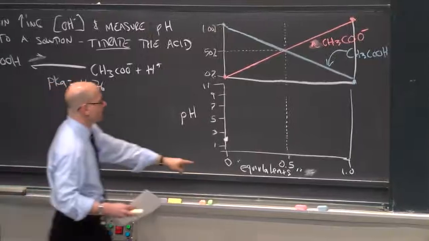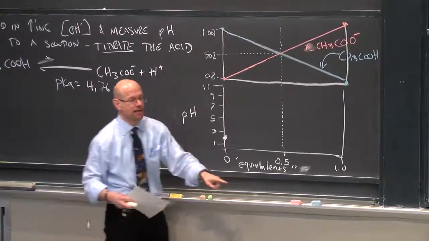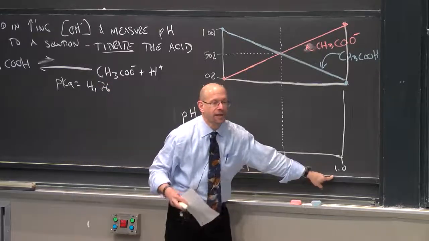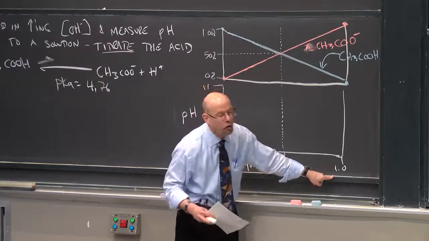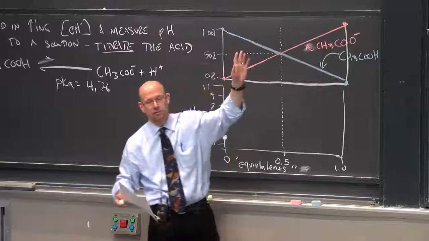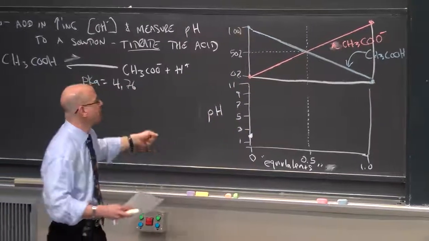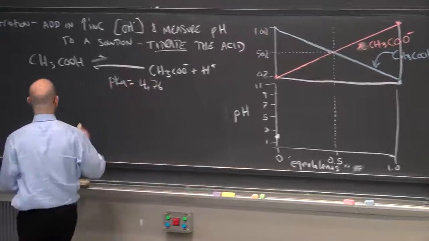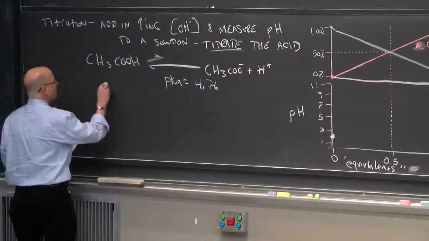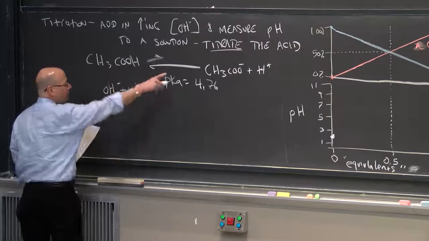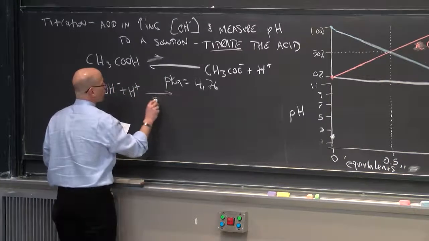But if I now begin to add in equivalents of base, and what do I mean by the term equivalent? I mean one equivalent is the amount of base that equals the total amount of acetic acid I had in solution. As I begin to titrate in these equivalents of base, the OH minus anion is going to bind to that proton to form water.